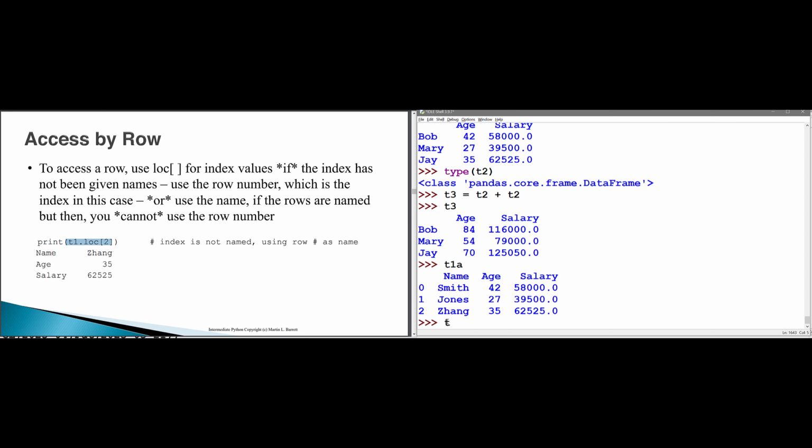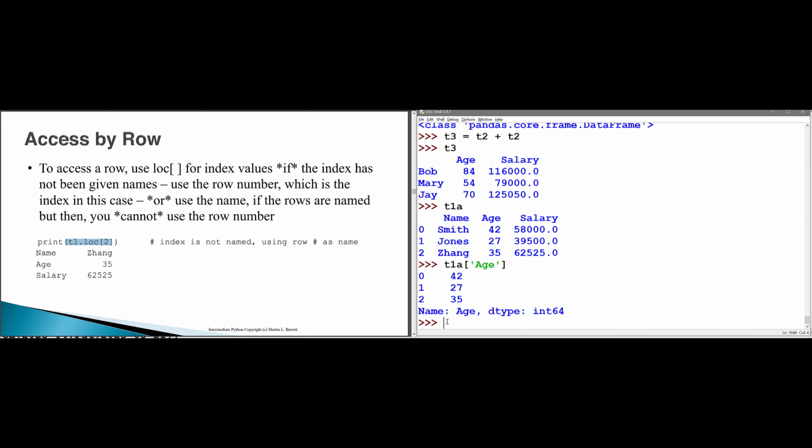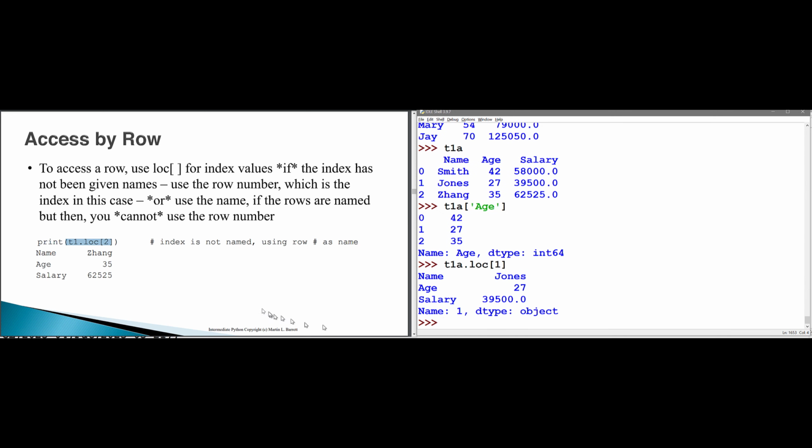And I can say T1A sub age to get the column as a series, or T1A dot loc sub 1 to get the first row as a series. Okay?